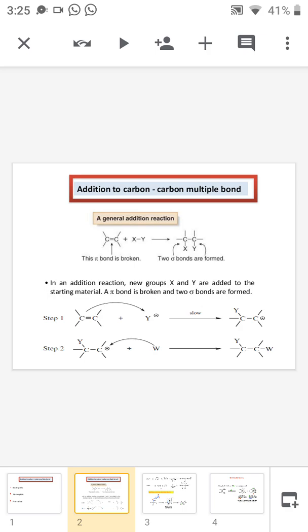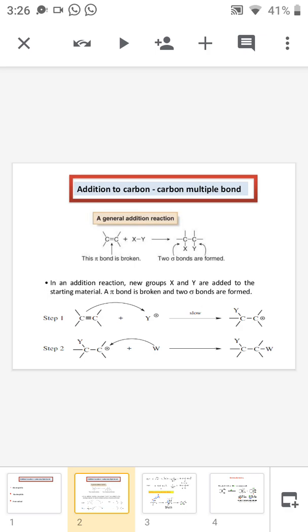In the general mechanism, we know that the addition usually occurs in multiple bonded organic compounds, especially in the case of electrophilic addition reaction. In the case of electrophilic addition reaction, our substrate is an alkene or any multiple bonded compound, and that multiply bonded compound is electron rich in character.